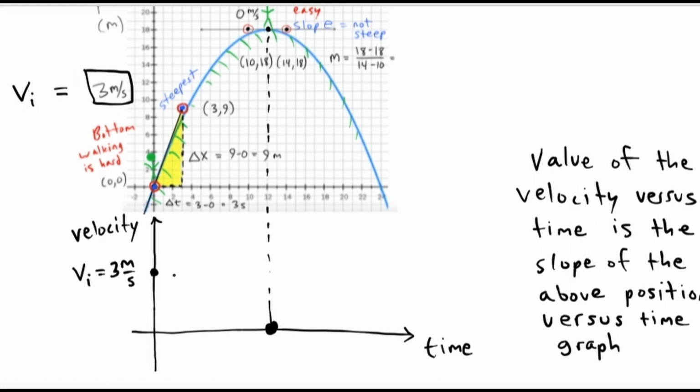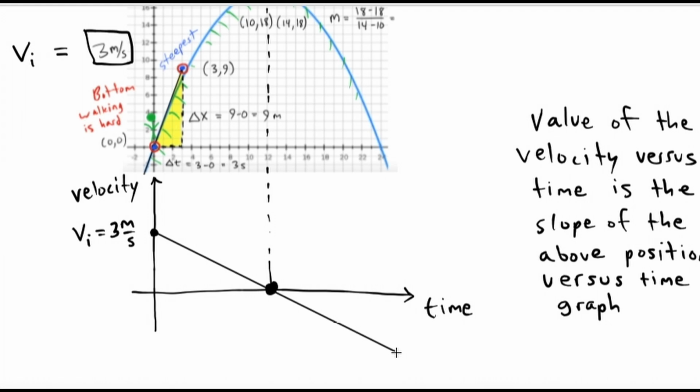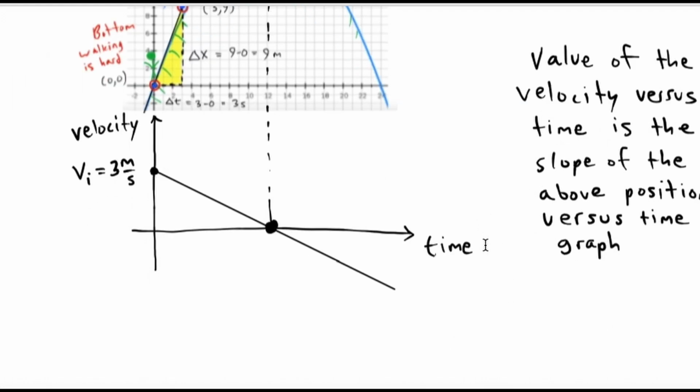And you might be thinking, okay, how does the velocity change from 3 down to 0? Does it just jump down like this, or does it go like that? Luckily, it's the simplest situation. It's just a straight line. That's how gravity affects the velocity continuously. And so we would have that.